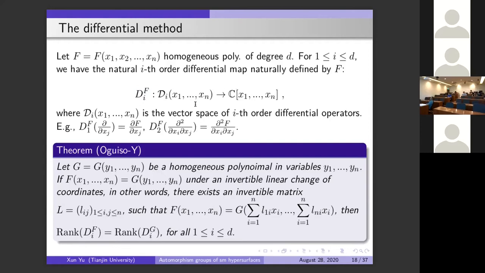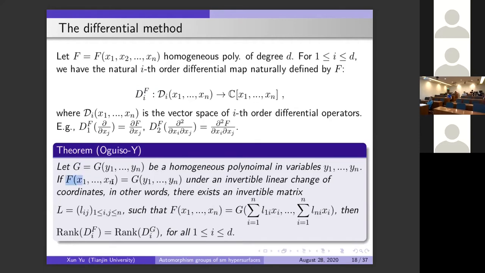Then you can define the rank of the image space, the rank with given F. So now our result is, suppose you have another polynomial G in some other coordinate variables y1 up to yn. Sorry, here G is not a group, it's just some other polynomial. Sorry for the bad notation, but temporarily use this.